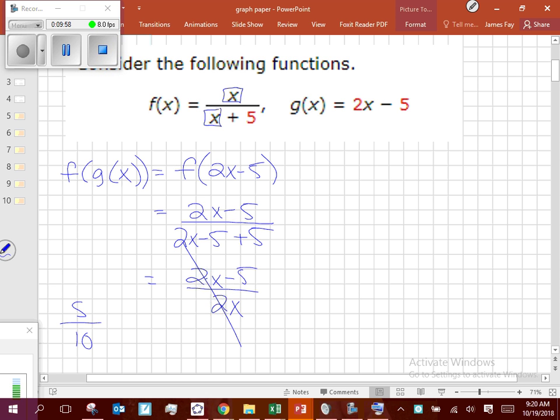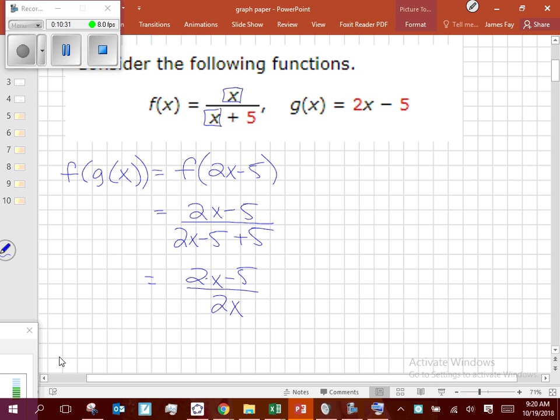No. Does that make sense why we can't cancel those? Because when I choose an x value before I cancel them, I get 5 tenths, or 1 half, and I should be able to get the same result when I do cancel. So that is not something we can do. We do not have a factor of 1 there. So we can't cancel. 2x minus 5 over 2x is our final composition.